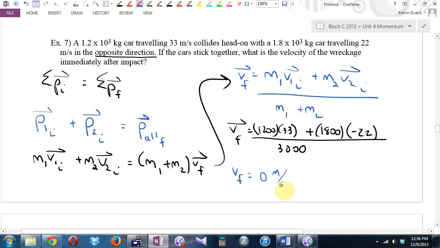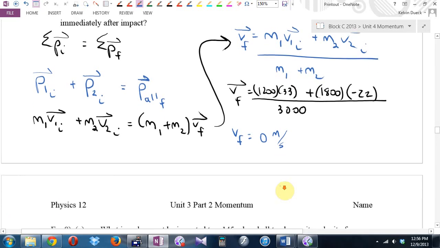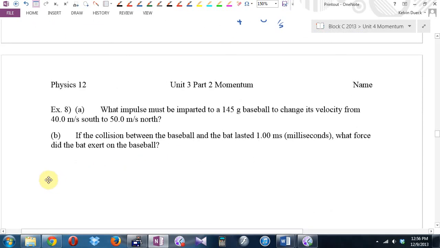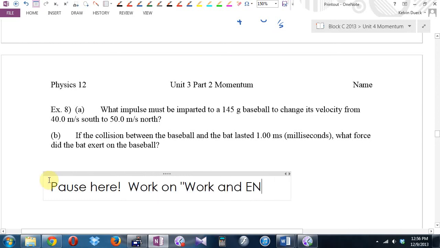And if I then knew the mass of the driver, I could calculate their acceleration and probably make a guess as to whether it was fatal or not. Right? Okay. We'll pause here.